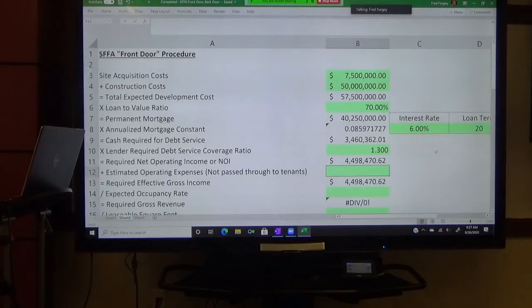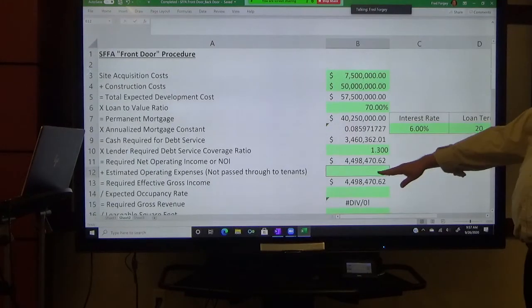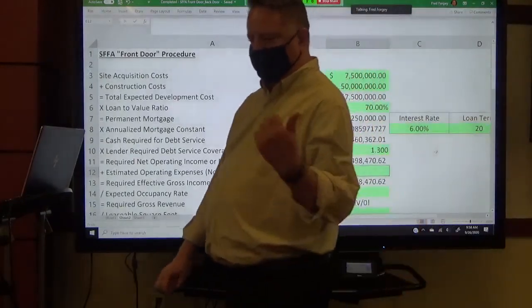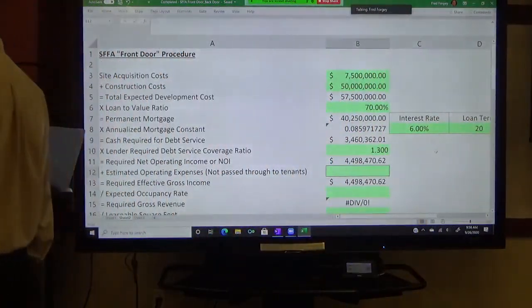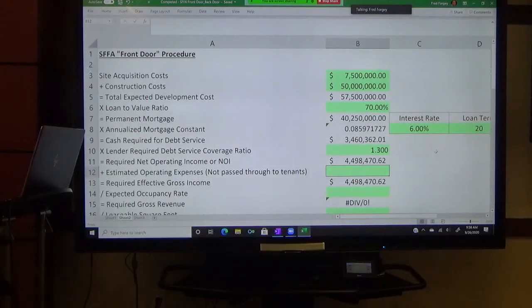What matters here is obviously you as the developer, investor, or lender being aware of who's going to pay for what. So, in this case, the operating expenses you put in here are going to be ones paid for by the property owner or the investor.